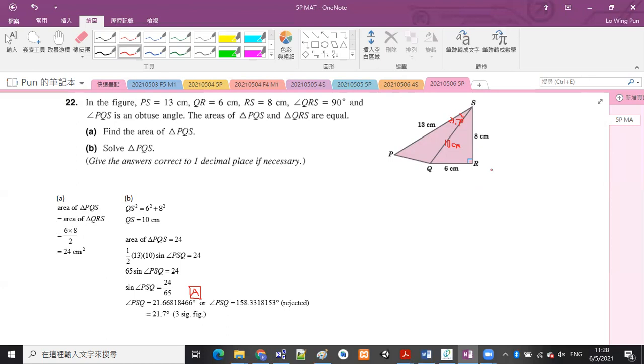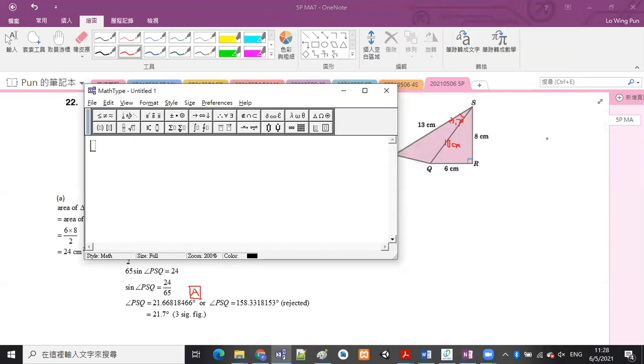C squared is equal to A squared plus B squared minus 2AB cosine C. That's like this. PQ squared is equal to 13 squared plus 10 squared minus 2 times 13 times 10 times cosine this angle.